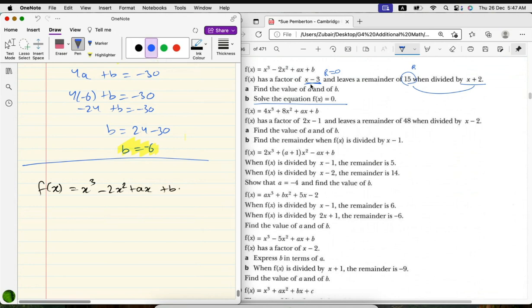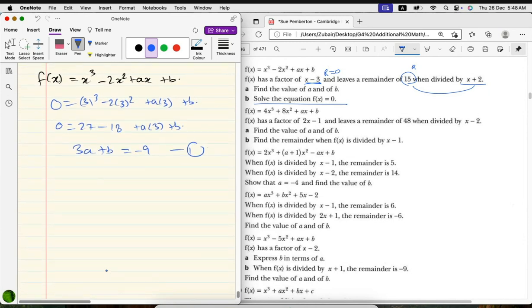Firstly, it has a factor x minus 3, so the value of x is 3. 3a plus b is equal to -9. And second, when x is -2, the remainder is 15.